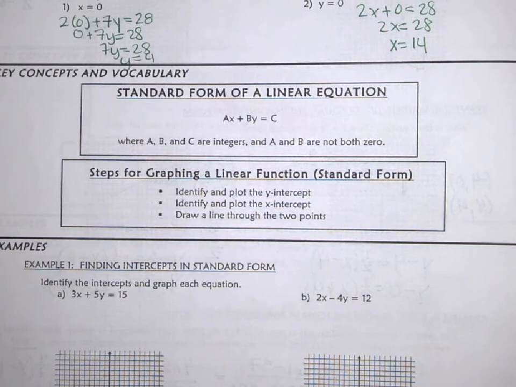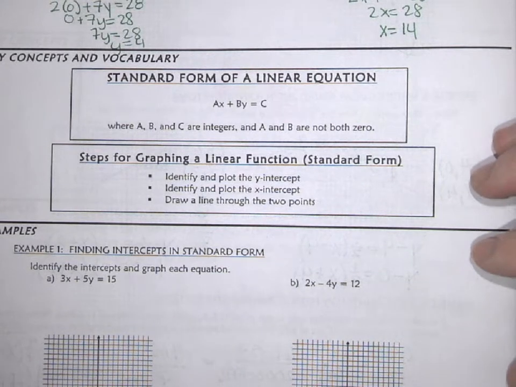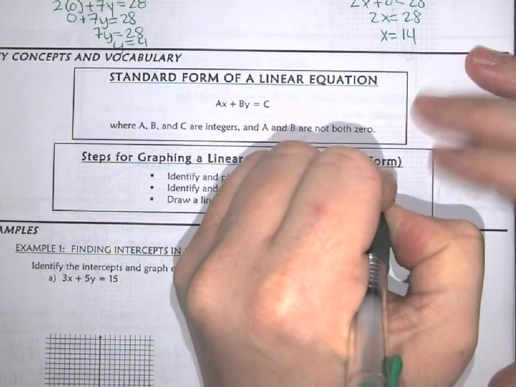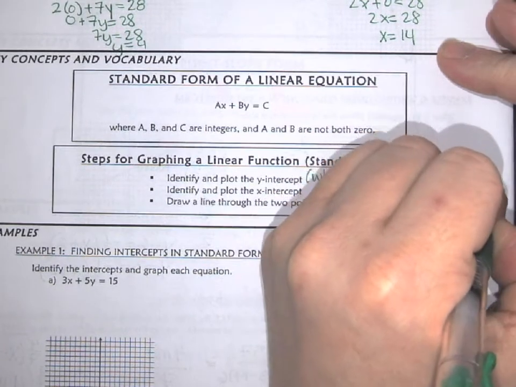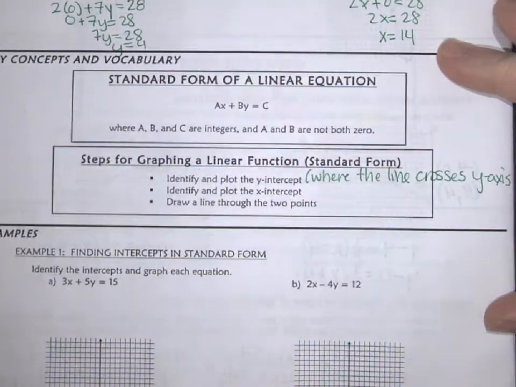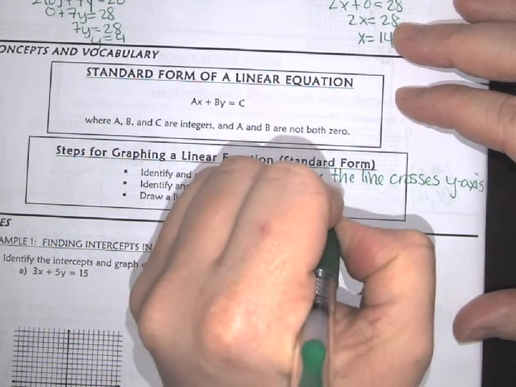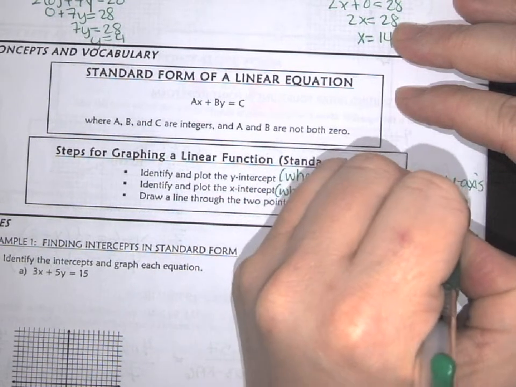To graph a linear function in standard form, first you're going to identify and plot the y-intercept. You're going to identify and plot the x-intercept and then connect them. So we know the y-intercept is where the line crosses the y-axis. Okay, so the x-intercept is where the line crosses the x-axis.